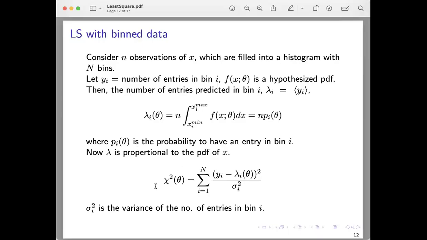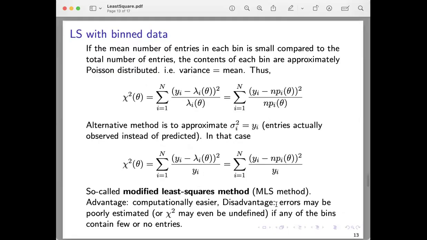Now you can write again the chi-square function for this kind of binned data. It will be the sum of (y_i minus lambda_i) squared over sigma_i squared, where sigma_i squared is the variance of the number of entries in bin i. When we treat the number of entries in bin i to be Poisson distributed, the variance is the same as the mean.